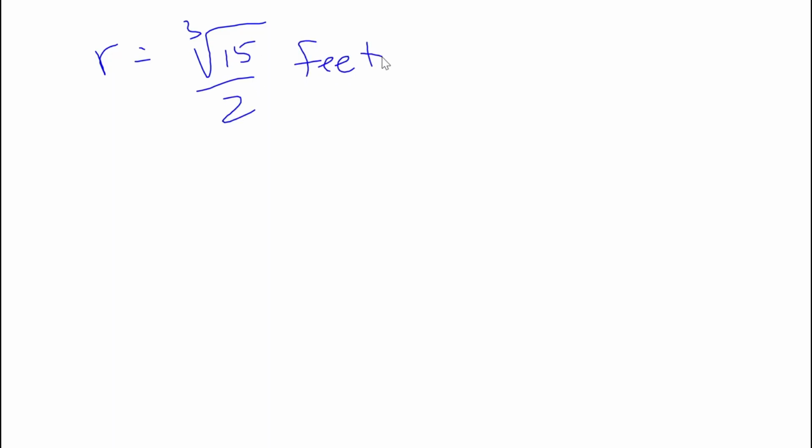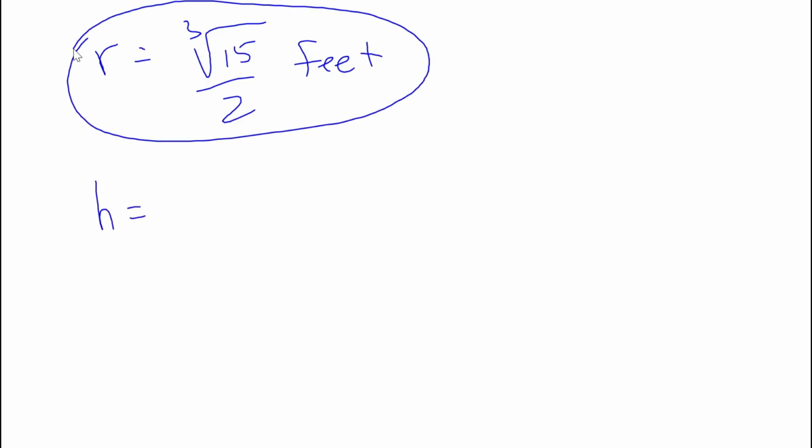Now the question originally asked us what dimensions minimize the cost. So we also want the height. So our height, and this is our radius, our height of this thing was equal to, I believe it was 10 over r squared, and then minus 4r over 3. That's what we got earlier.